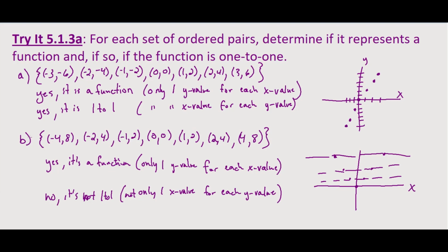With our second set of points, it passed the function test, the vertical line test, because for each x value, there's only one y value. But it's not one-to-one because there are multiple x values with the same y value. And again, that means it doesn't pass the horizontal line test, meaning that it's not a one-to-one function.